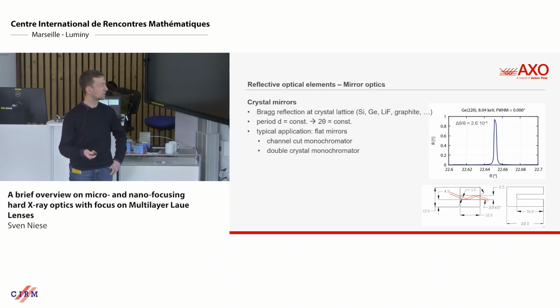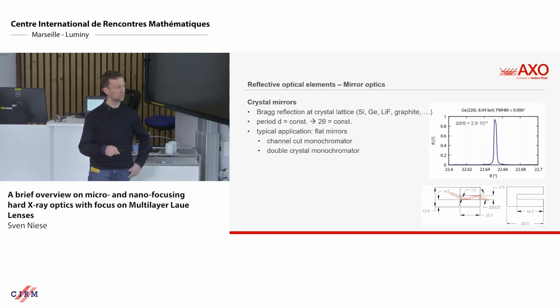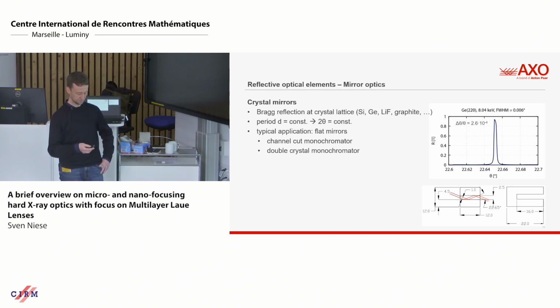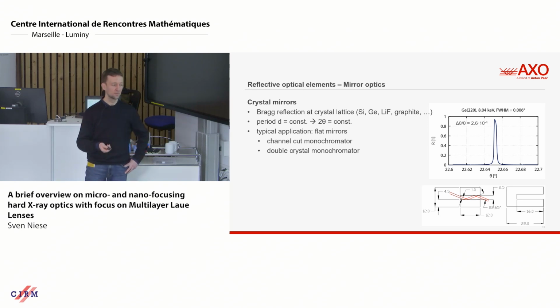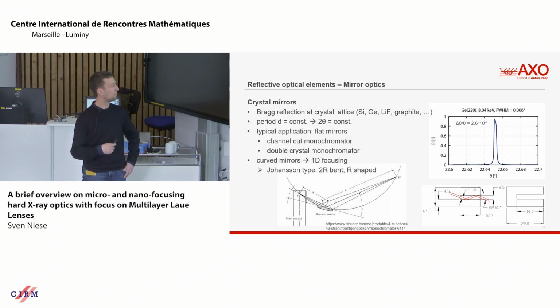Typical applications are flat mirrors, like those channel cut monochromators that you can use, for example, to choose the copper K alpha radiation from a laboratory source, or double crystal monochromators that are more used at synchrotron radiation facilities. You may be able to use curved mirrors in a very narrow range.